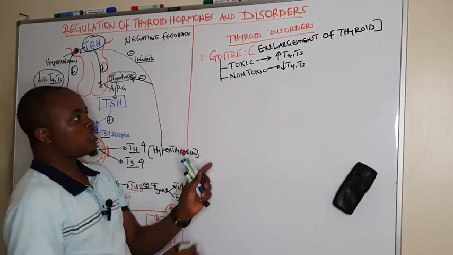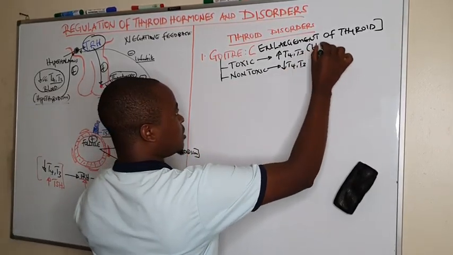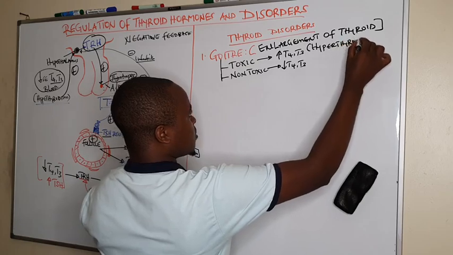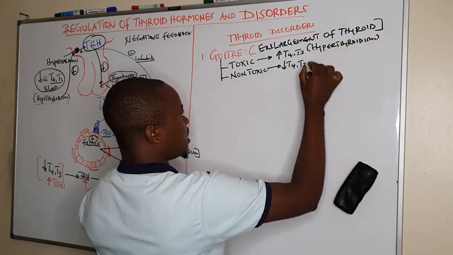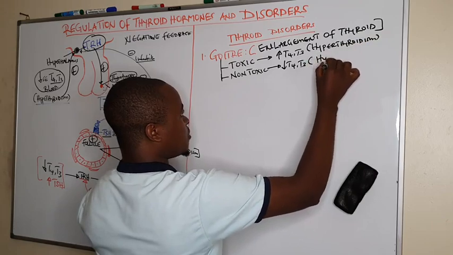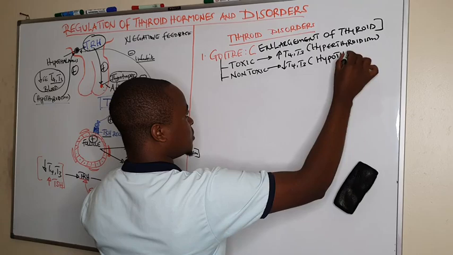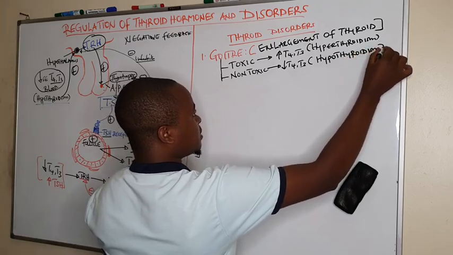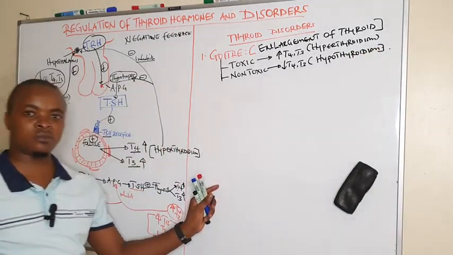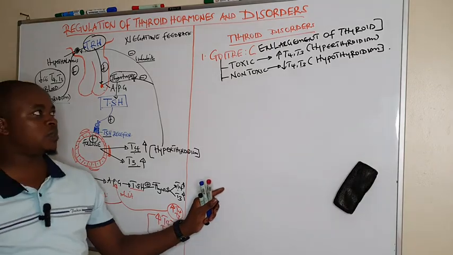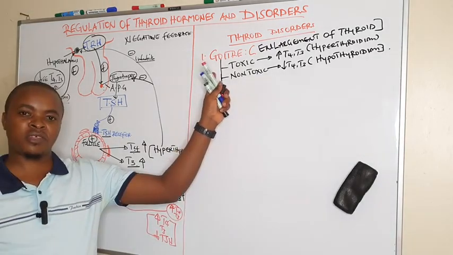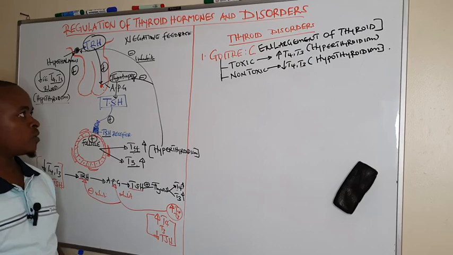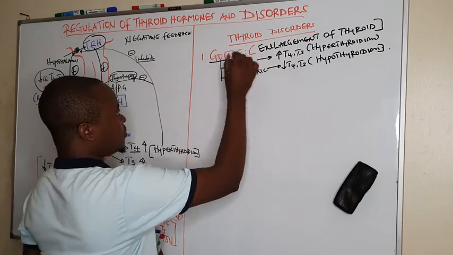So toxic goiter is due to hyperthyroidism, then non-toxic goiter is due to hypothyroidism. So we are saying that both hyperthyroidism and hypothyroidism can lead to enlargement of the thyroid gland. So that is goiter, which is enlargement.